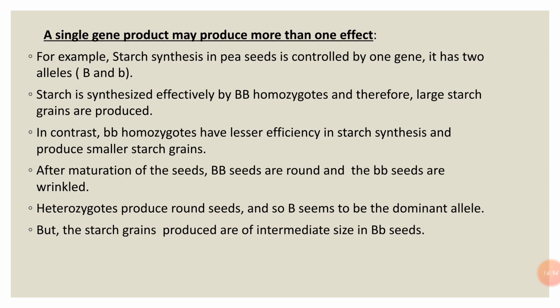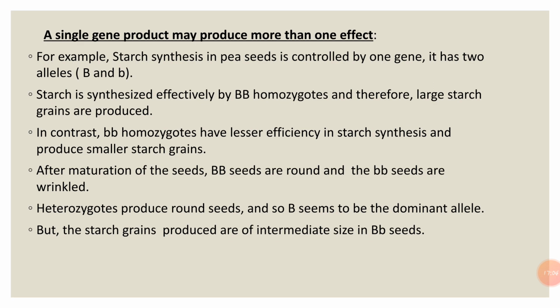But the starch grains produced are of an intermediate size compared to the BB seeds, right? Here, according to the monohybrid cross or the law of dominance, if capital B is dominant, then the F1 generation is going to have round seeds. Here the seeds are round, the shape is the same, but the size is intermediate, right?